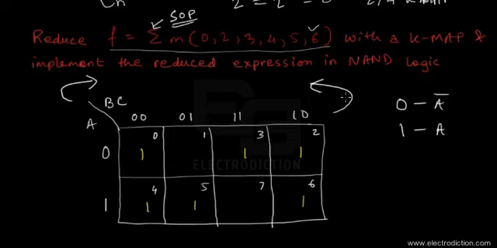Much like you're folding a piece of paper. So you'll discover that the cells 0, 4, 2, and 6 form a quad, as they appear to be coming adjacent to each other.